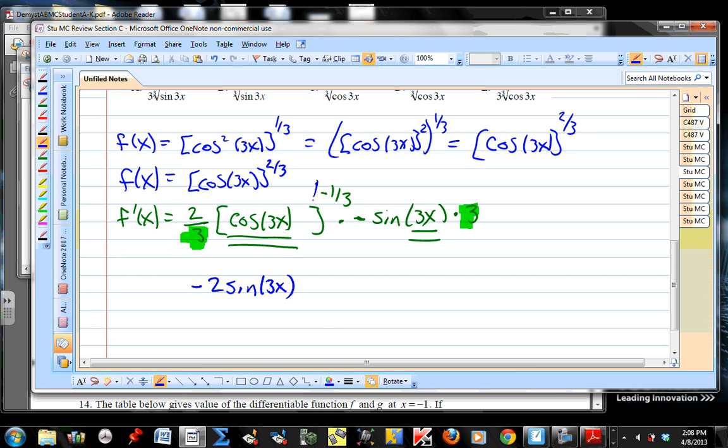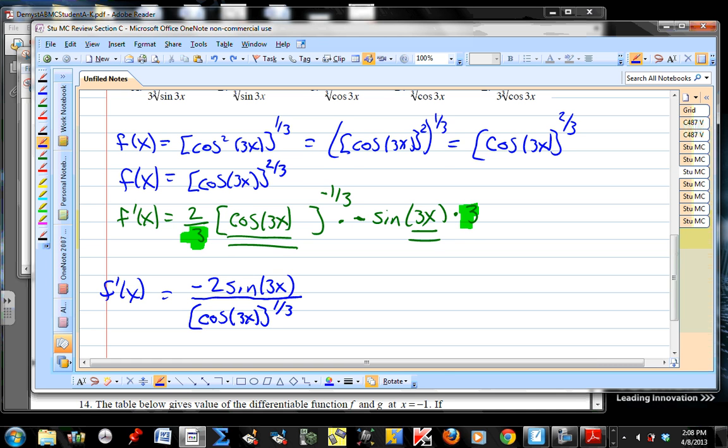And remember that negative exponents mean reciprocal. So let's bring that stuff down here to the denominator, and we'll call this cosine of 3x, all raised to the 1/3 power.